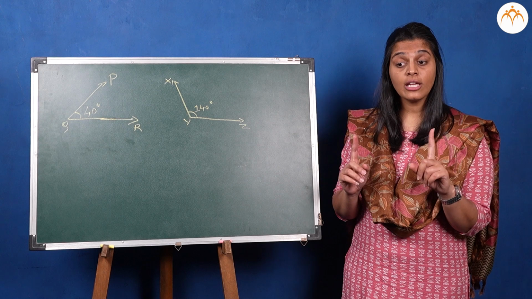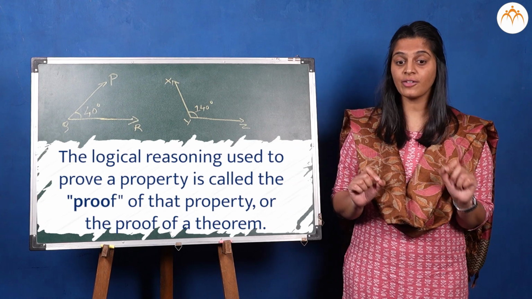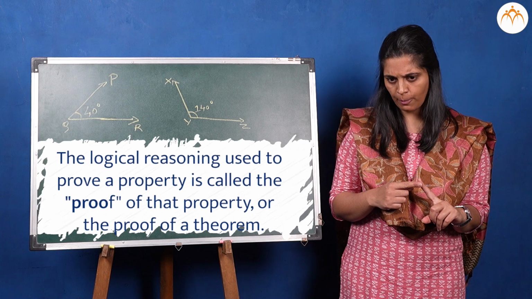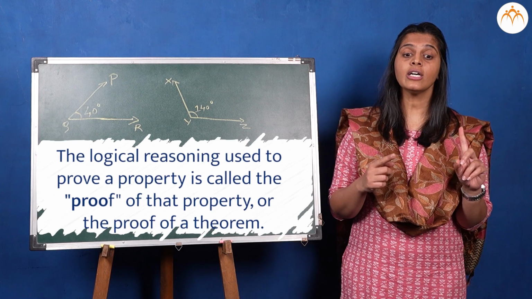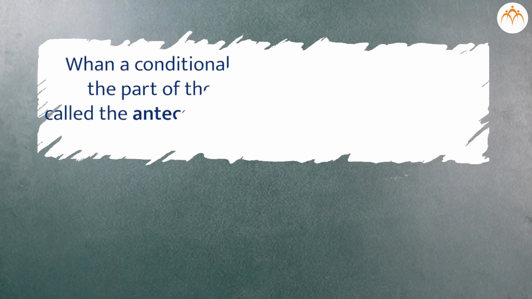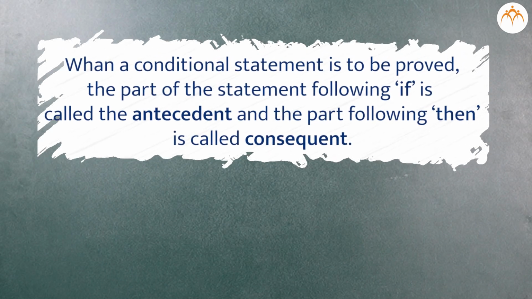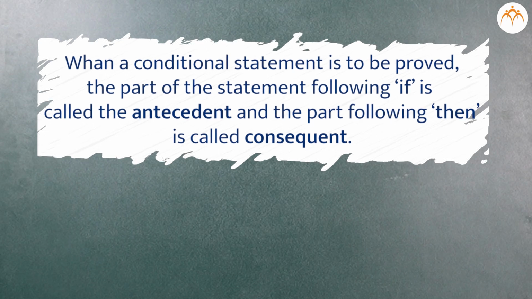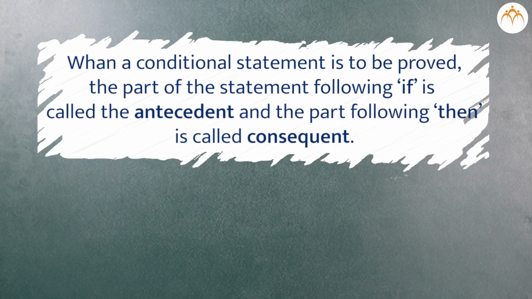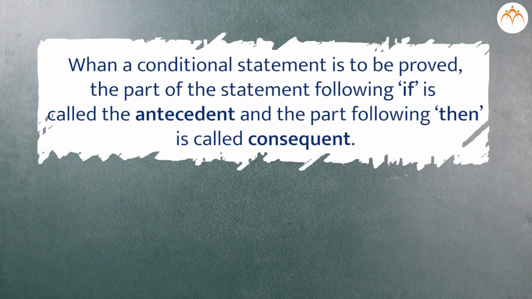Now, the logical reasoning used to prove a property is called the proof of the property or the proof of a theorem. When a conditional statement is to be proved, the part of the statement following if is called the antecedent, and the part following then is called the consequent.